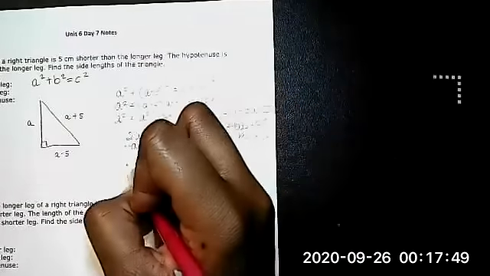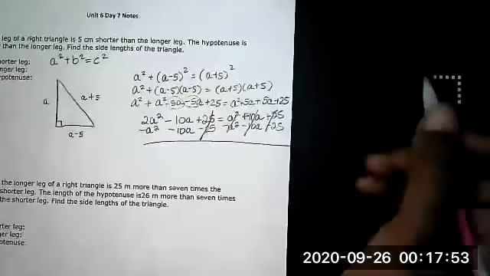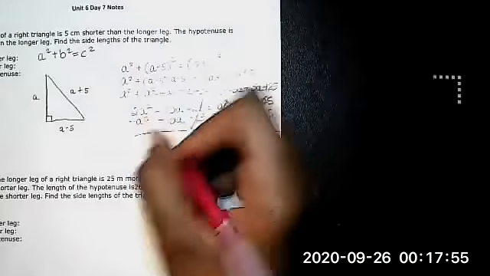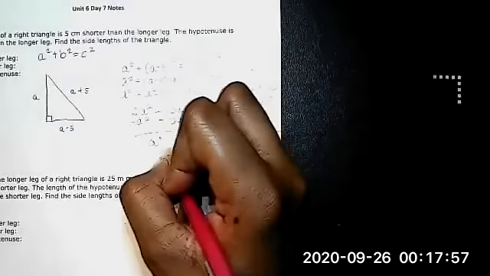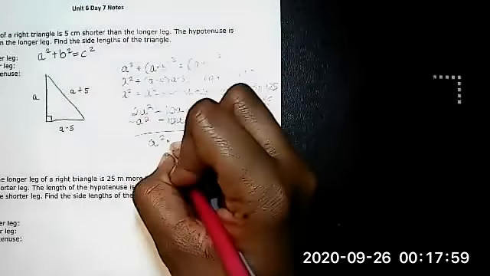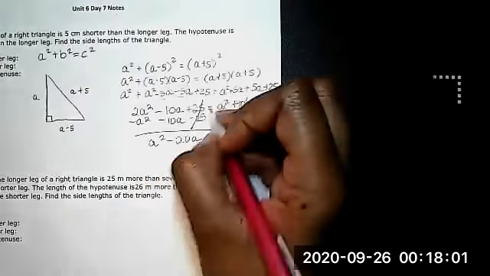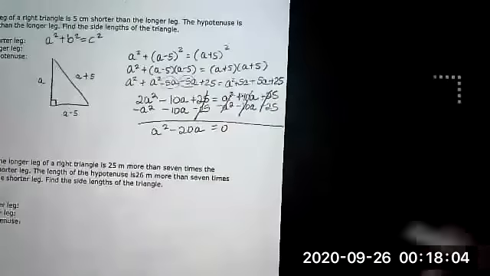Uh-oh, some things look like they're canceling out. All right, so 2A squared minus 1A squared is just going to be A squared. This becomes negative 20A. The 25s cancel out, and that's equal to 0.